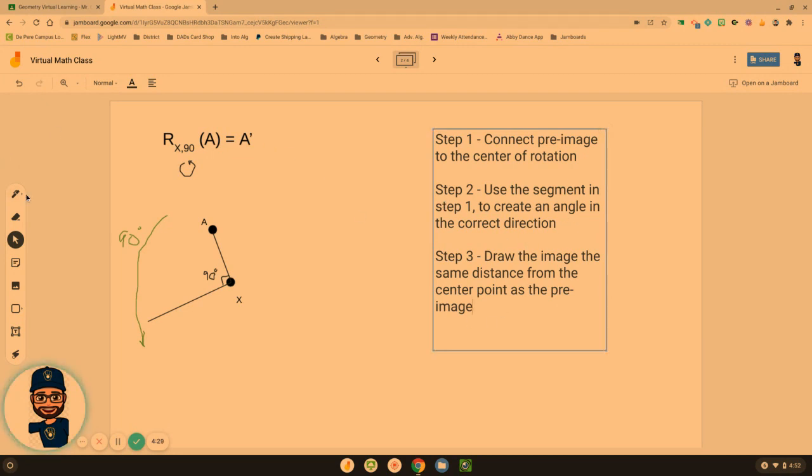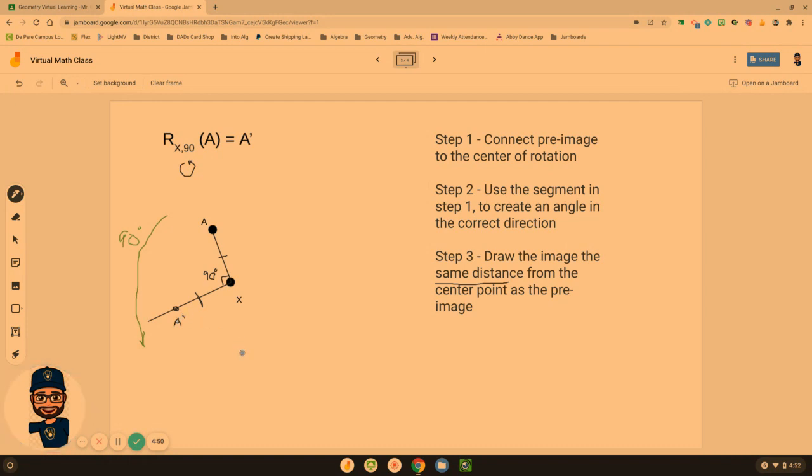There's a key in there: the same distance. That means this distance from A to X has to be the same as the distance over here, wherever I decide to put A prime. So I'm just going to put a dot here and say that that is A prime.